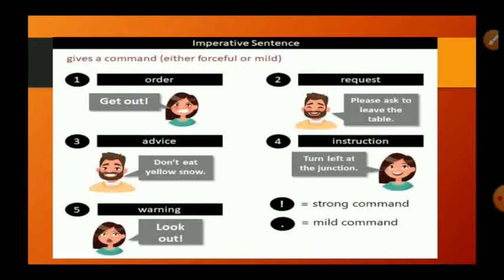In the form of instruction, turn left at the junction. So it is a kind of instruction that he has to turn to the left side. Now number 5 is warning, look out. So these are different examples of imperative sentences. And if we have to show a strong command, we will use an exclamation mark in imperative sentences also. And if the sentence is in the form of a mild command, we will use a full stop only.